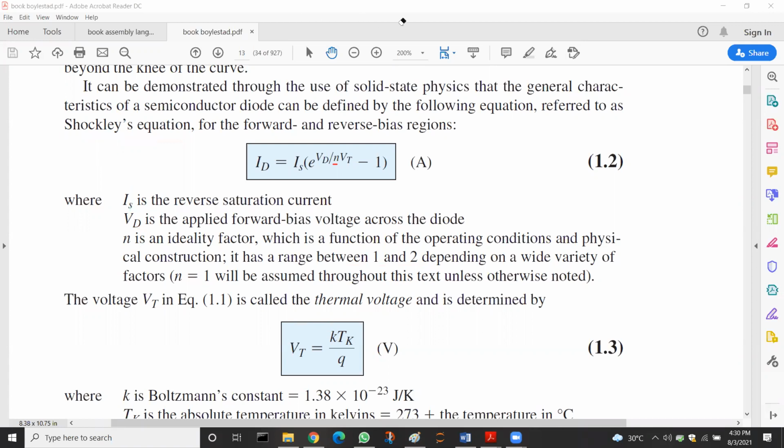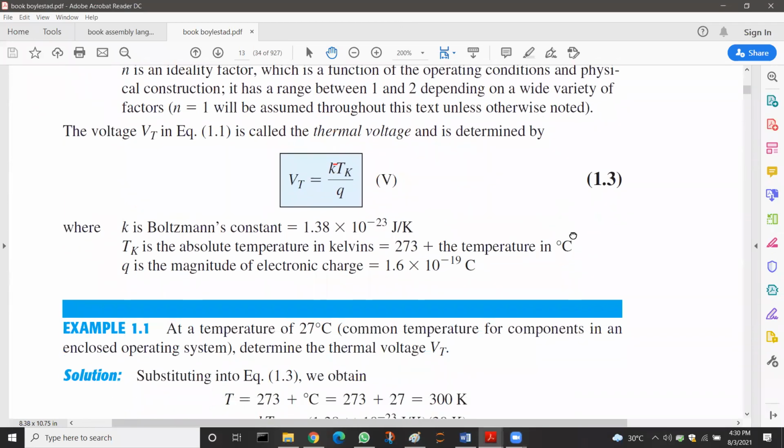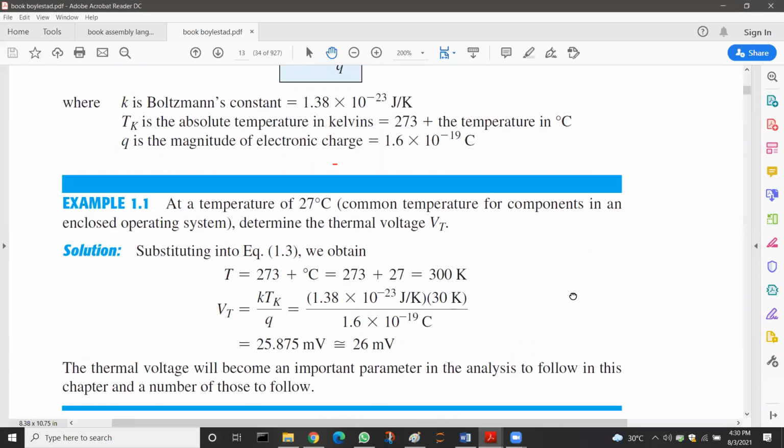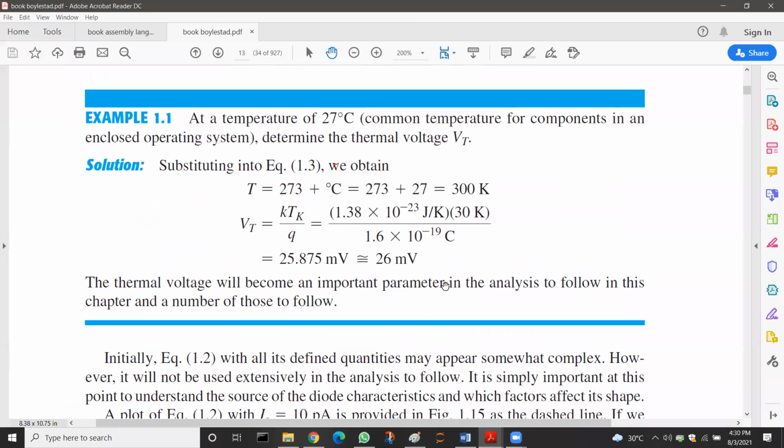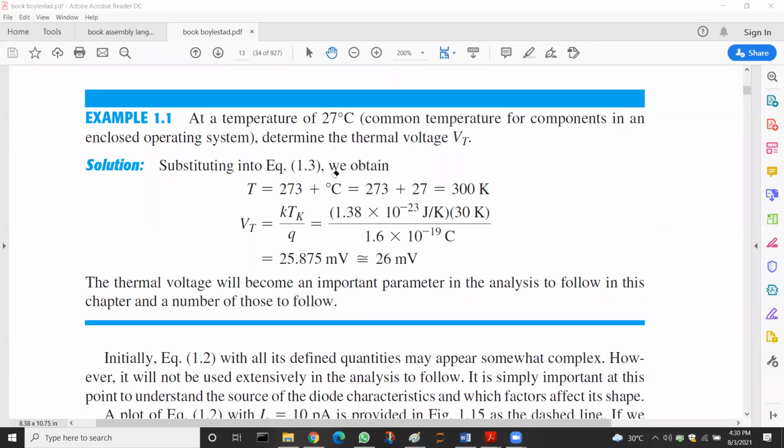There is a small associated value which is calculated in example 1.1. Remember, this value is used in many numerical problems in this book, so it is important to go through this example 1.1, which says at a temperature of 27 degrees centigrade, which is a common temperature, usually called room temperature.